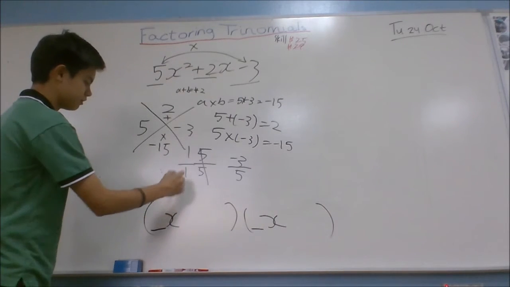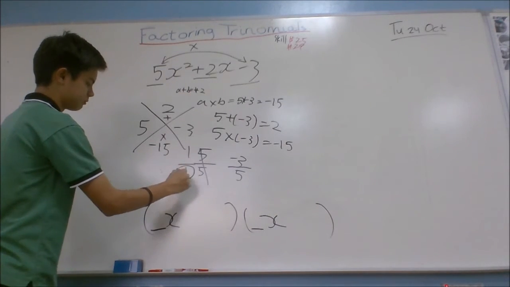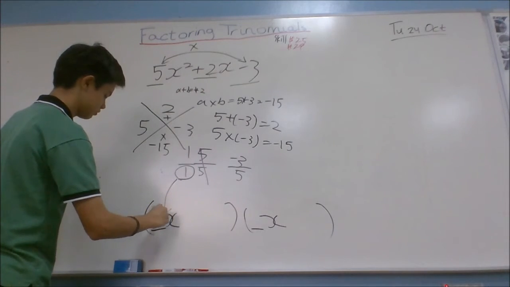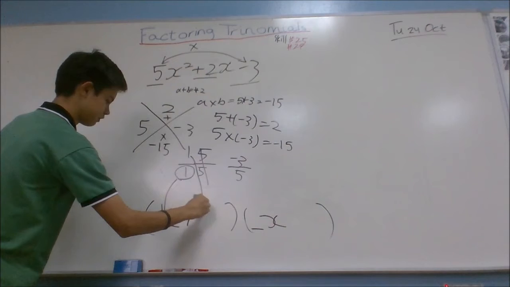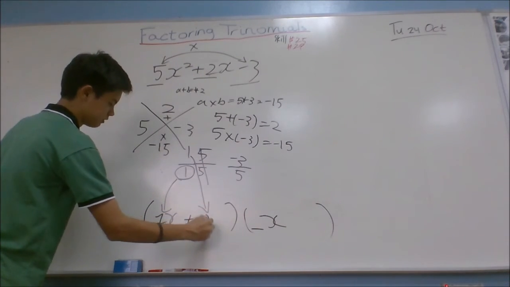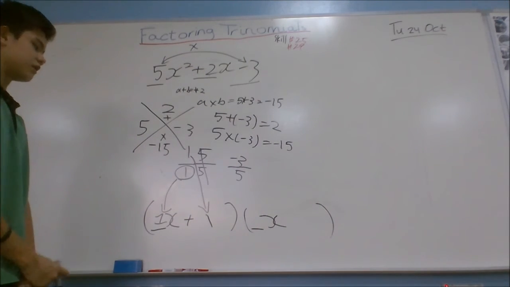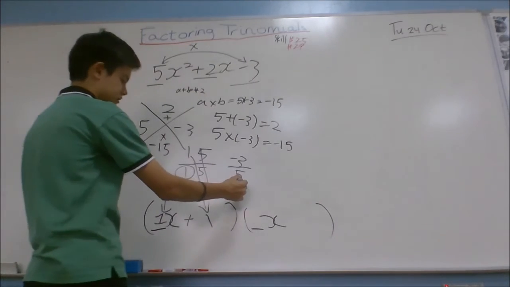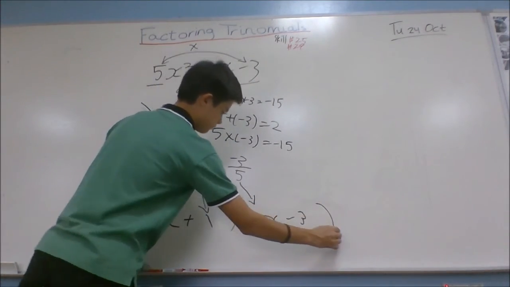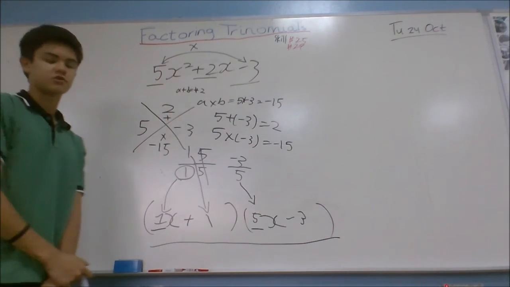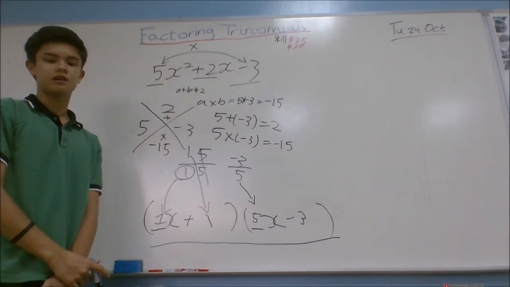For here, first we get the denominator to go in front of the x. So it's 1x plus the other fraction, the one on top. So that's 1x plus 1 multiplied by, using the same method, 5x minus 3. And there's your answer again. Thanks for listening and have a great day.